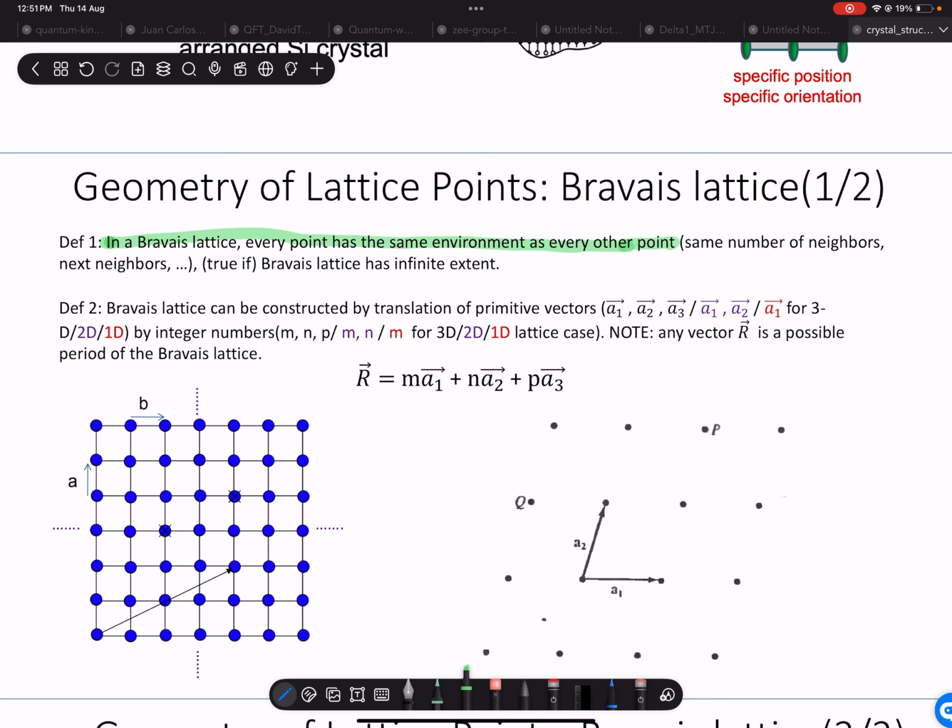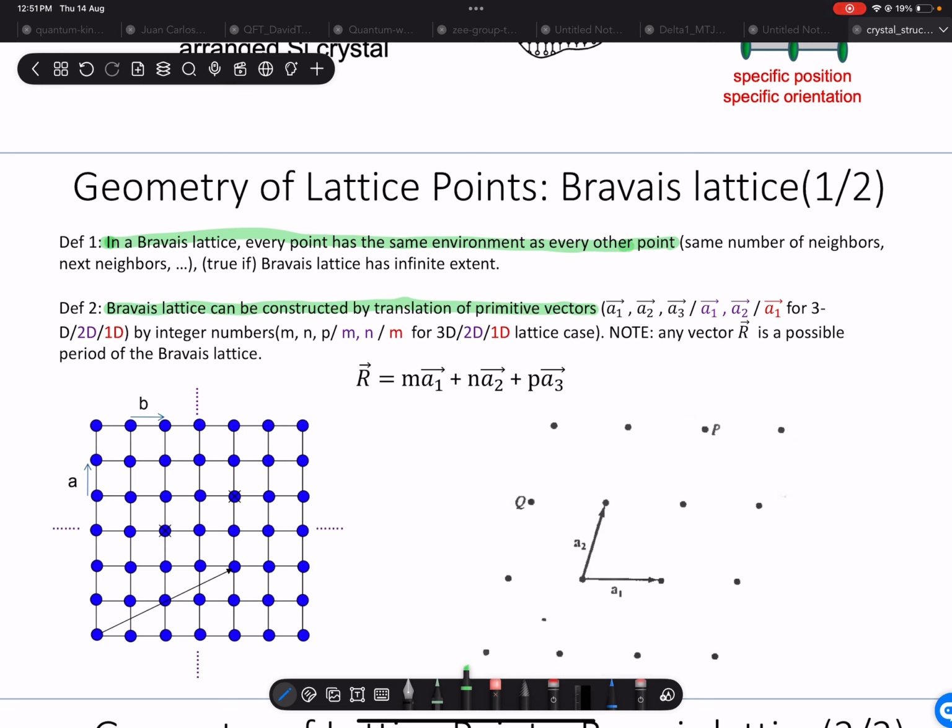If every point has to have the same environment, then it has to be infinite, because a finite system cannot have the same environment, right? And if this is true, that means the Bravais lattice can be constructed by translating primitive vectors.